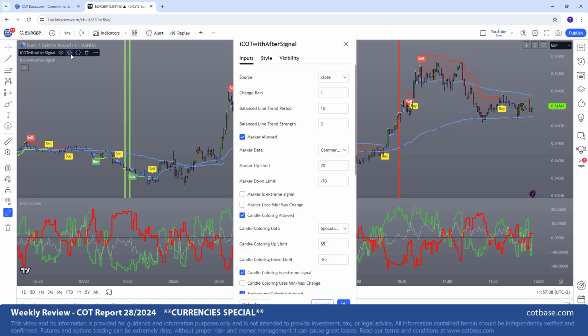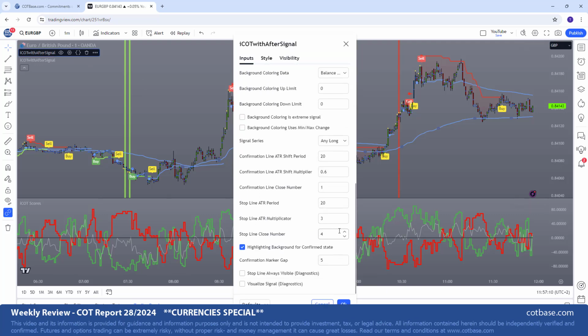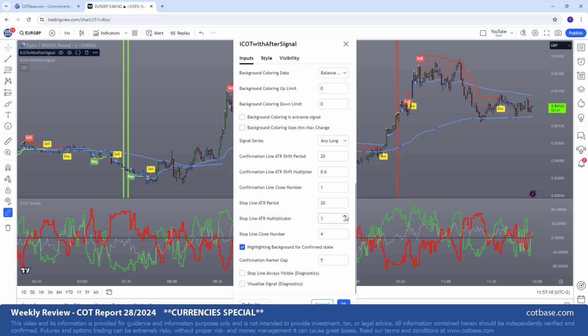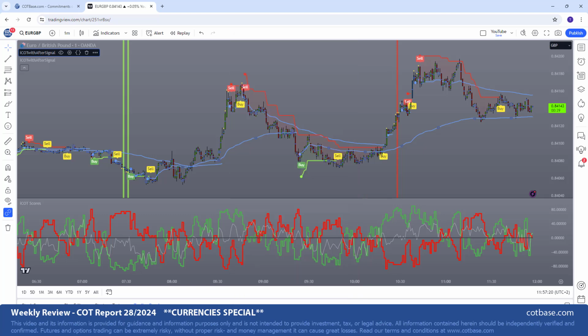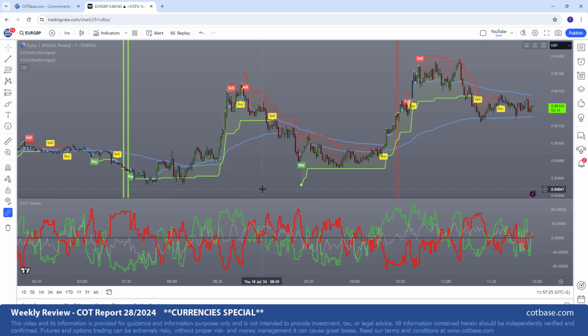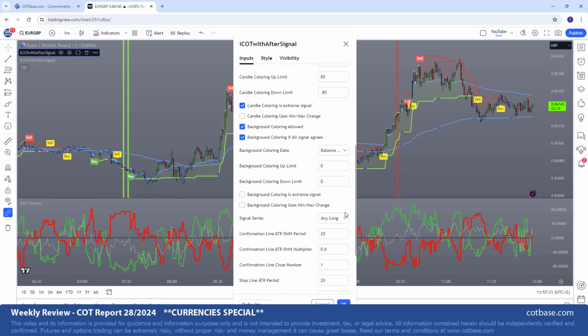Or the other opportunity we can do, if we are looking at a more dynamic time frame like the 1 minute, is we can push out our stop line a little bit further, and that will actually catch a little bit longer moves. So this is something you can do.